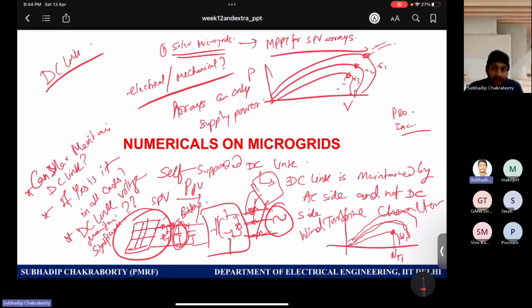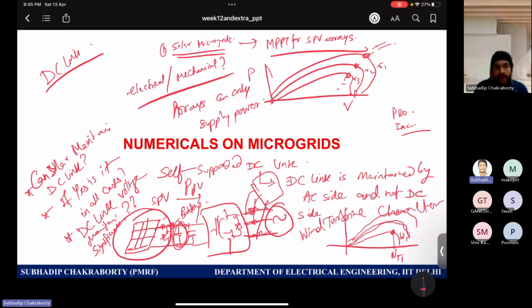If you can rotate the turbine at that speed, then only the turbine can push the maximum power it has captured from the wind. But naturally it will not do so, right? Because the wind is flowing and the turbine is rotating, that rotating speed of the turbine may not be equal to the maximum power point speed at which it should rotate to push the maximum power.